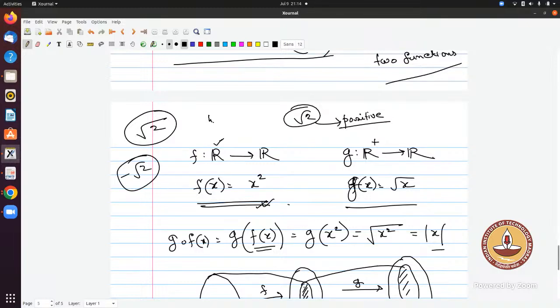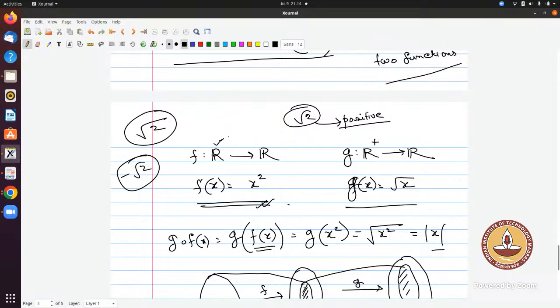What you are saying is 4 power 1 by 2. For this, I can have two values, plus 2 or minus 2. But this is a function, right? So I should have only one value for this. I cannot have two values. Otherwise, it will not be a function. Yeah, I got it, sir. Thank you. Yeah, this is a very important point.